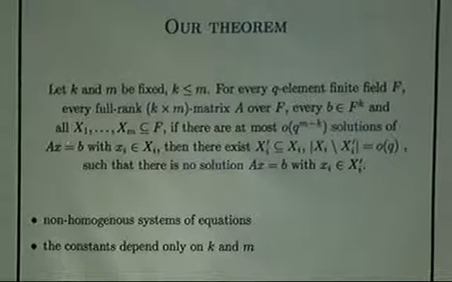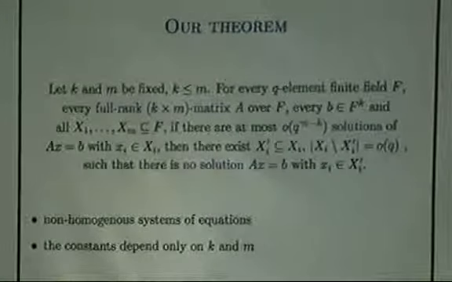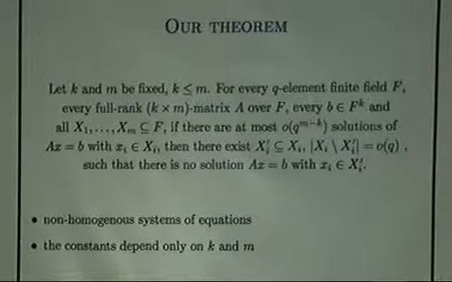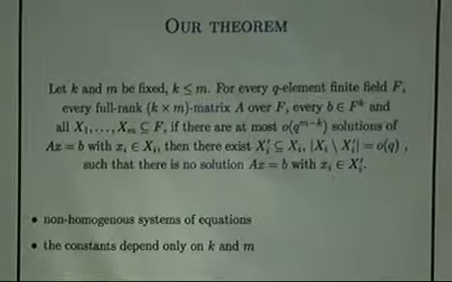And we consider sets x1 to xm that restrict individual variables, where the number of solutions is asymptotically smaller than the maximum number of solutions you can expect. If these sets x1 to xm were all the elements of the field, then the number of solutions would be q to the m minus k, because the kernel of the matrix would have dimension m minus k.